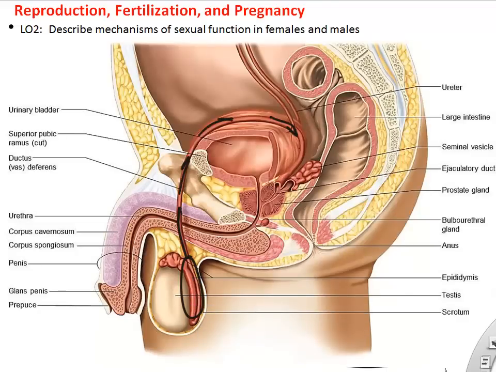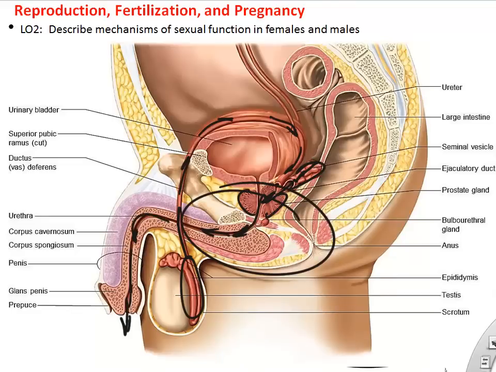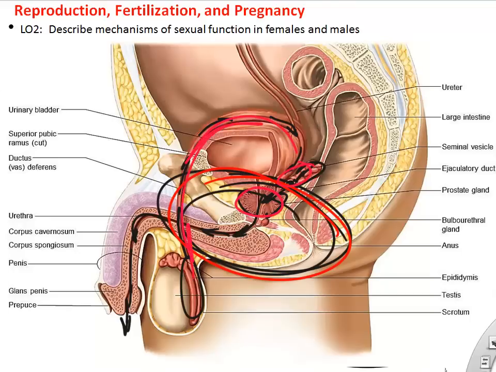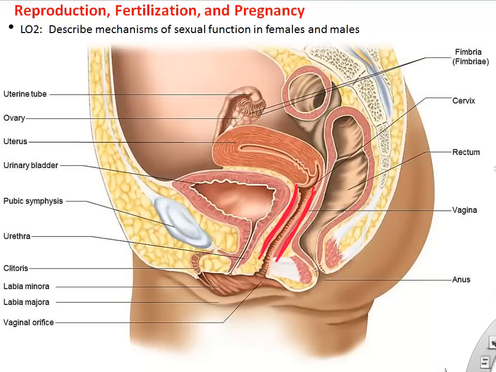So here in the diagram you can see some of the structures that contain smooth muscle, and the smooth muscle will help promote ejaculation. In addition, there's smooth muscle in those reproductive organs: prostate, vesicles, and ductus deferens. In the female as well, there's smooth muscle in the vagina and smooth muscle in the uterus, and again during orgasm those will contract rhythmically.